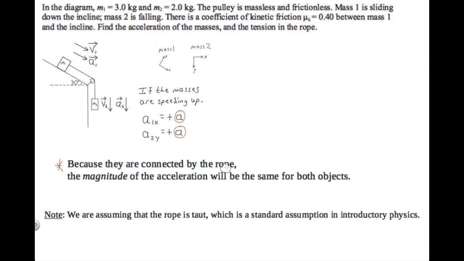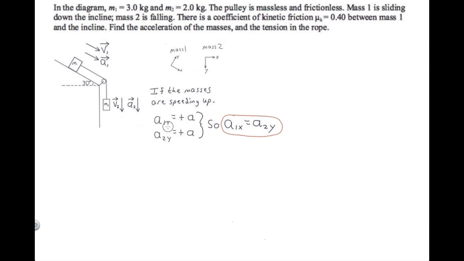Because they are connected by the rope, the magnitude of the acceleration will be the same for both objects. So, we can represent the magnitude of the acceleration for both objects with the same symbol, a, written without an arrow on top. So, a1x equals positive a, and a2y also equals positive a.